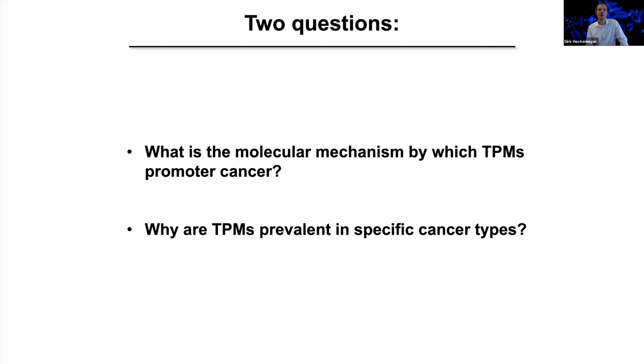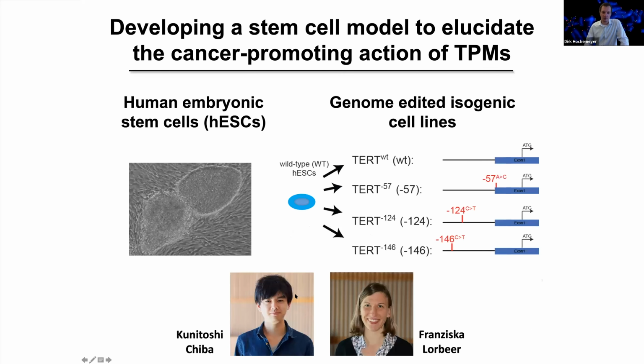We wanted to ask two very simple questions. The first one is, what is the mechanism of how these mutations work? And the second question was, how do these mutations occur in such a specific cancer pattern? Two of my students, Kunitoshi Chiba and Franziska Lorbeer, addressed this question.